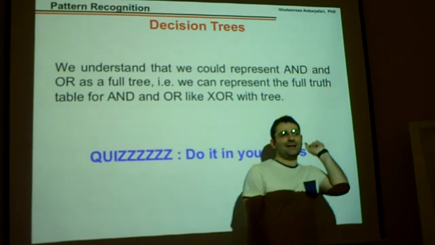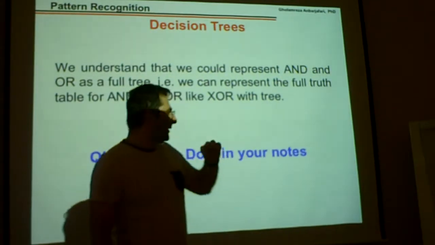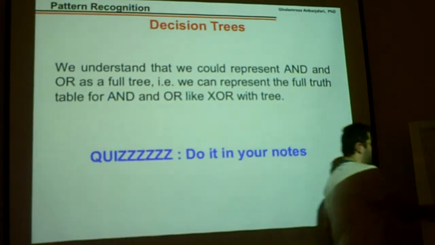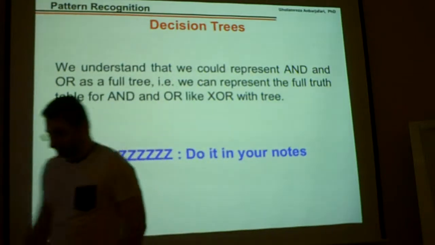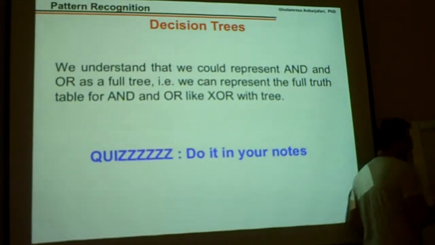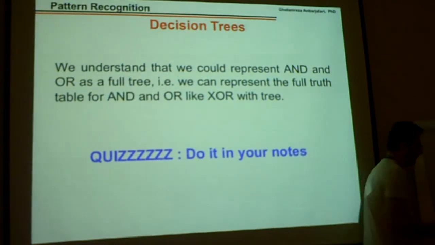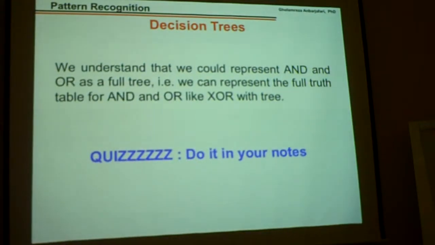We have seen that for AND and OR, I could use only two nodes. But if I want to represent it as a full truth table, there exist some other nodes. And we understand that the difference is this. The difference is that I have the blue stripes also true.